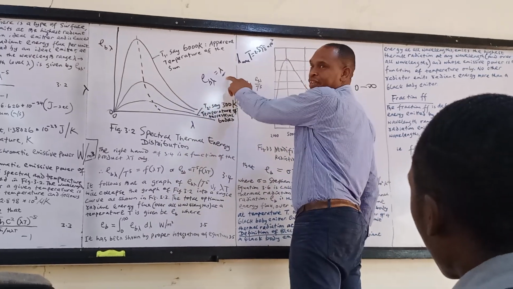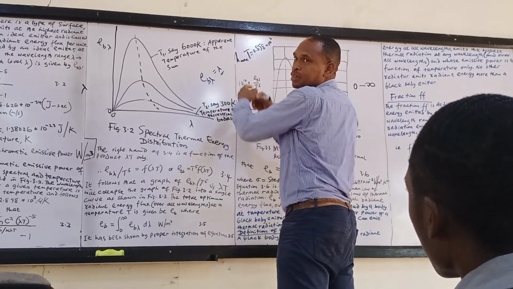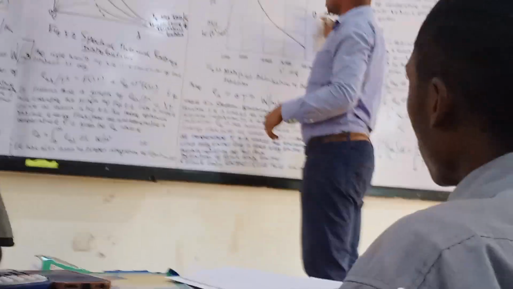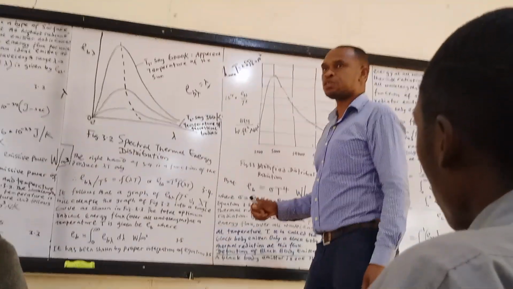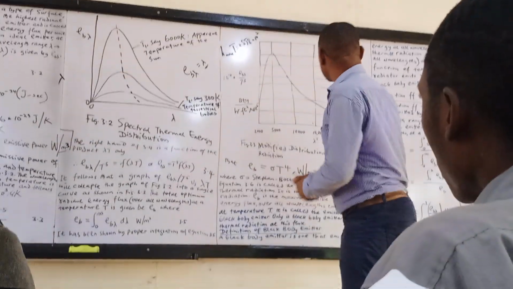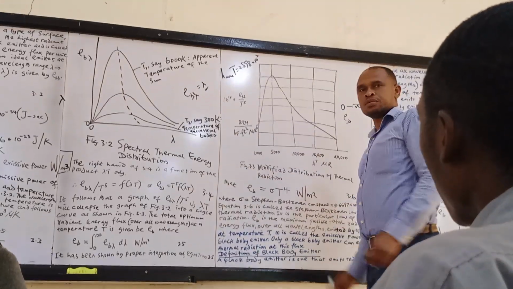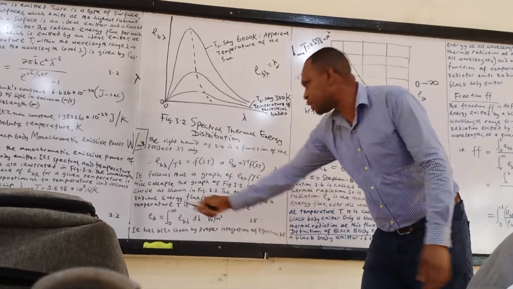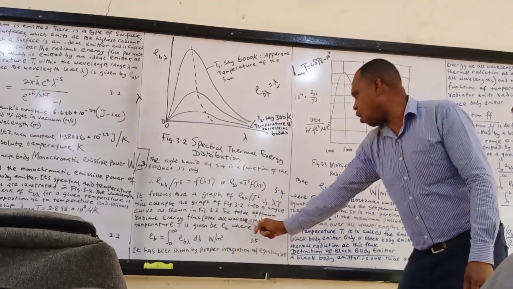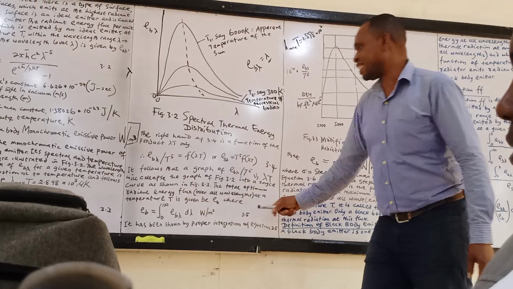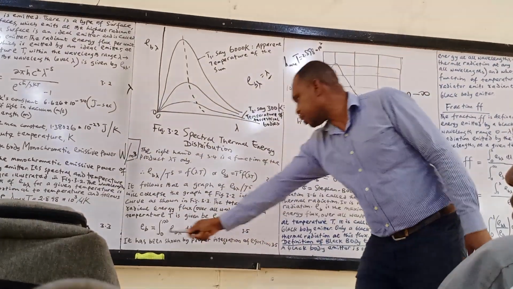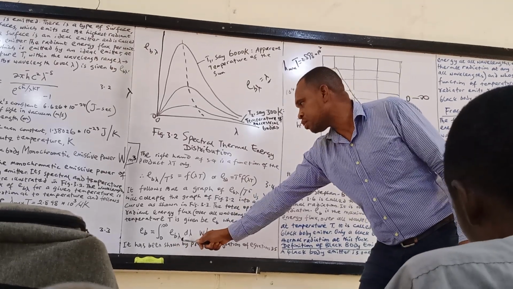Remember, this one is for lambda, this one is at that lambda. Then this one is for all wavelengths from 0 to infinity. It is given by E_b. So that's why it says the total optimum radiant energy flux over all wavelengths at a temperature T is given by E_b, where E_b is given by the integral of E_b lambda.